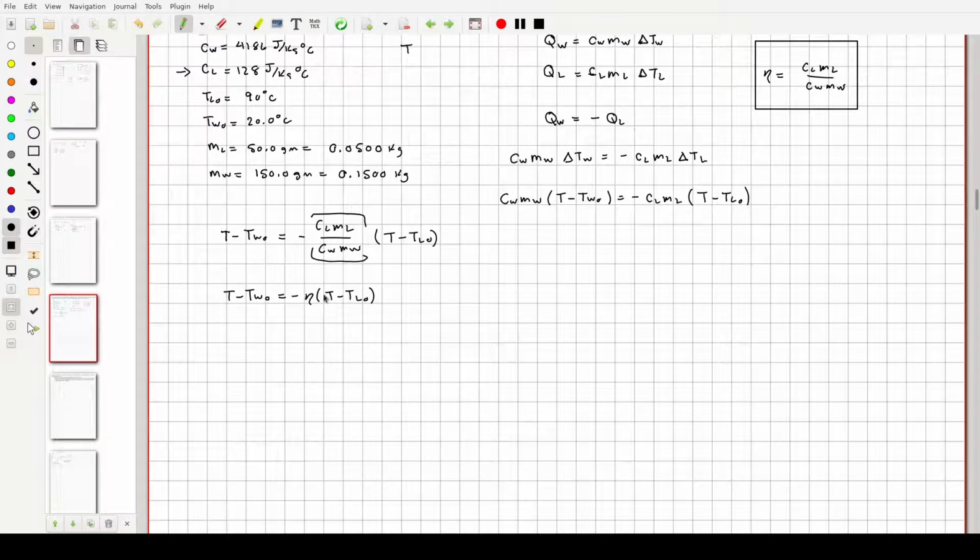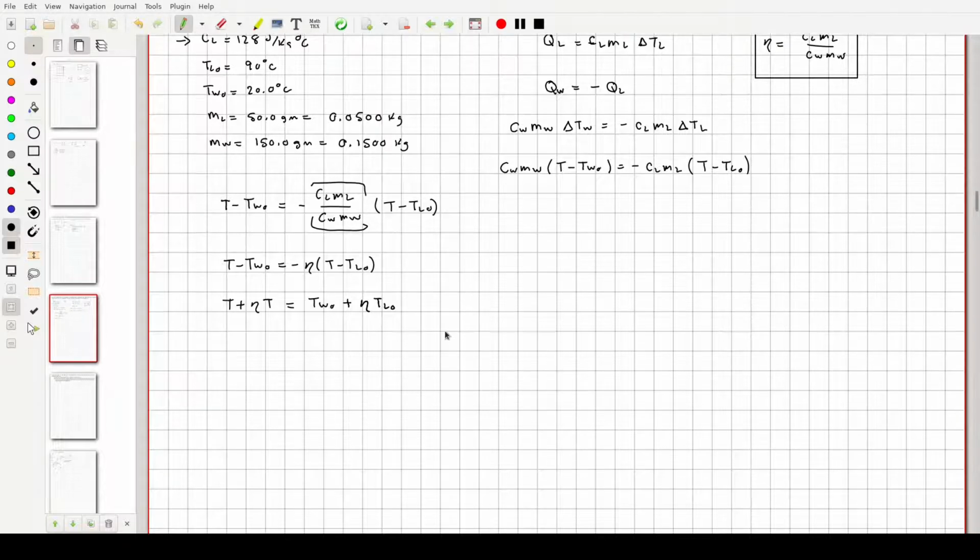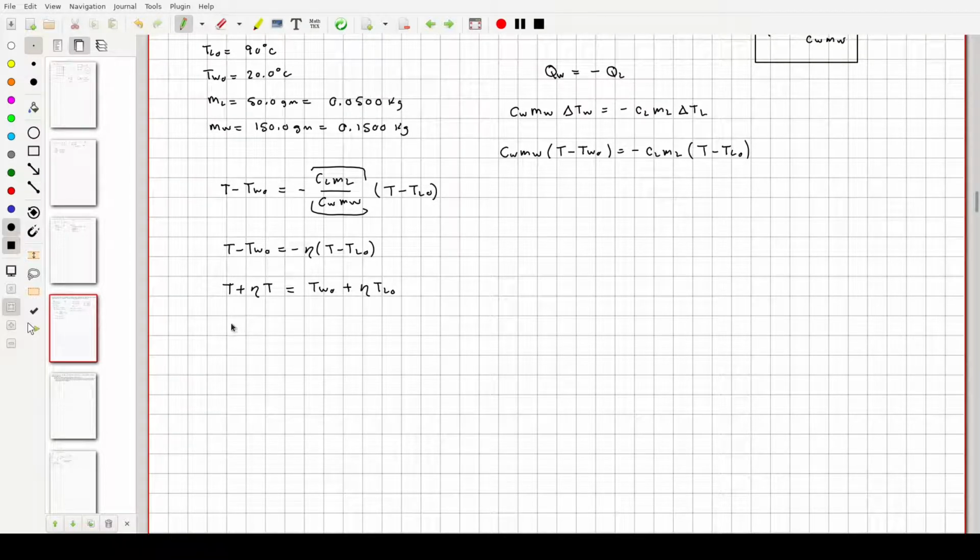So what I'm going to do is move this to the left-hand side and move this to the right-hand side. When I do that, I have T plus eta T on the left-hand side. And on the right-hand side, if I multiply the negative through, it makes this plus. When this is moved over there, it's positive as well. T_W naught plus eta times T_L naught. Okay, now I'm going to pull the T's out.